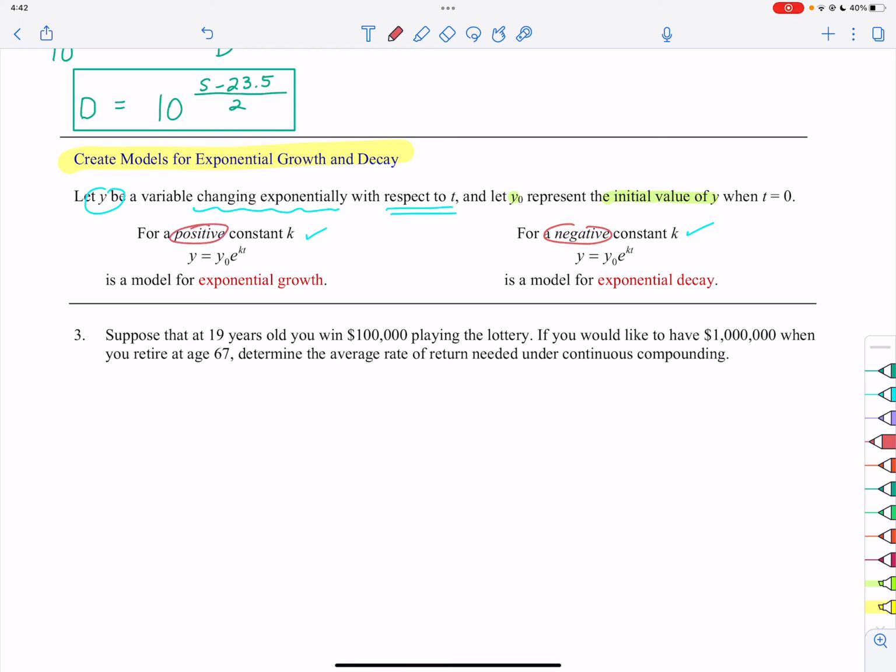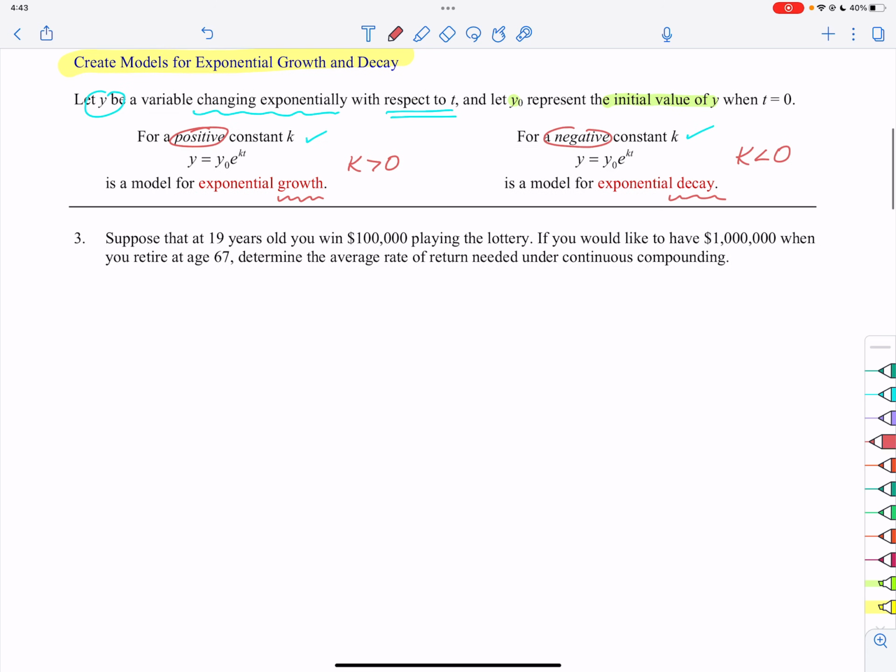For either, we will use y equals y sub 0 e to the kt. Here we call it growth when we have a positive k, and here we call it decay when our k is negative.